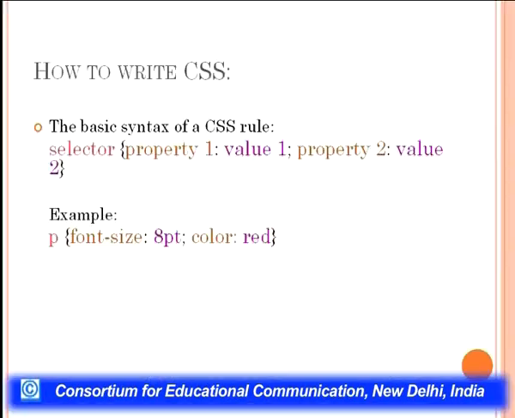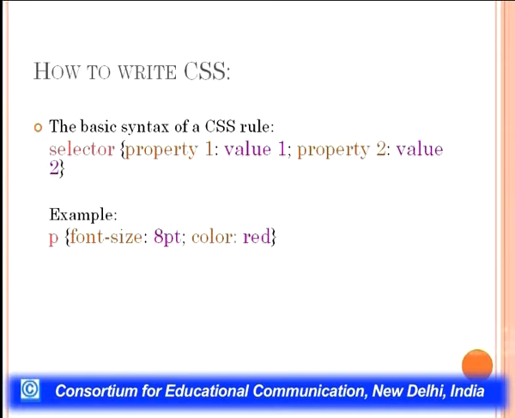Again I would like to say the same thing, that CSS is a part of your HTML file, so CSS commands can be written within the HTML file also. There are different ways, we will talk about them, but here you can see if you want to write the CSS, the basic syntax says that you will write the selector. Selector here means the HTML element or tag for which you want to define the style.